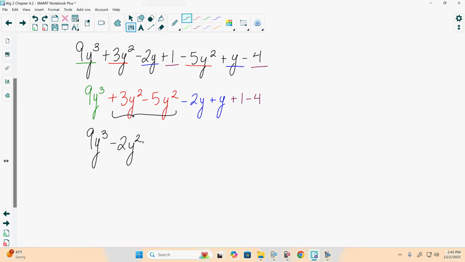Our y terms, negative 2y plus y. Negative 2 plus 1 is going to be negative y. And lastly, 1 minus 4 is negative 3. So we have 9y cubed minus 2y squared minus y minus 3. Questions on this here?